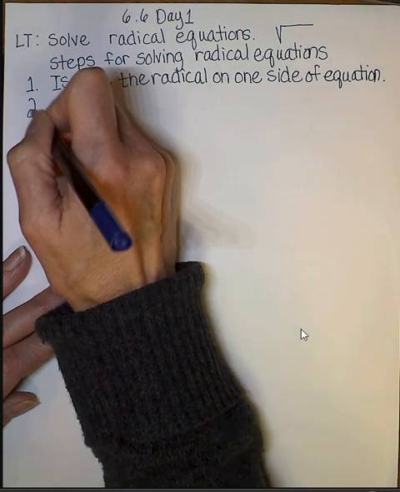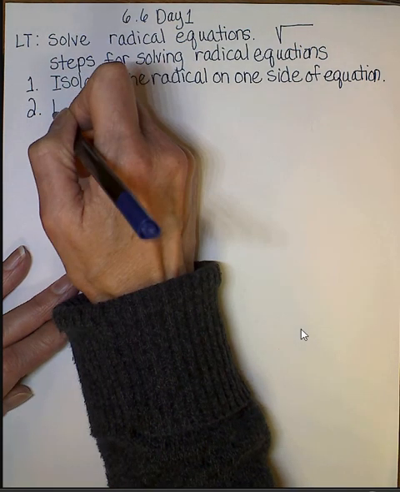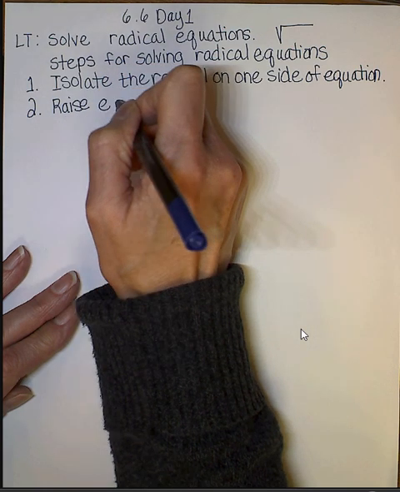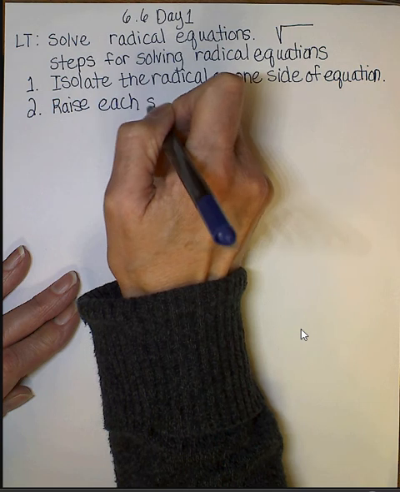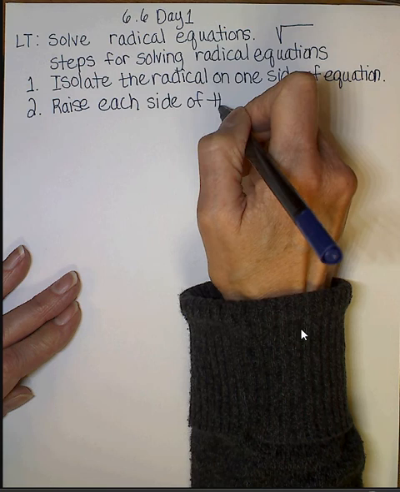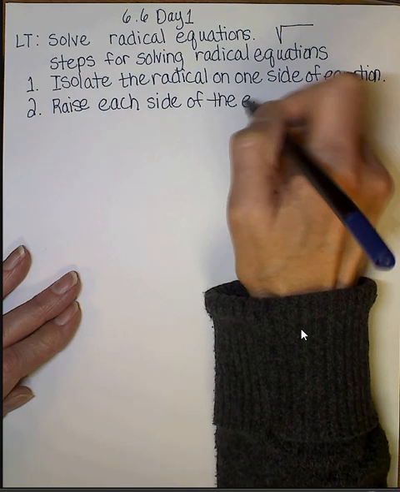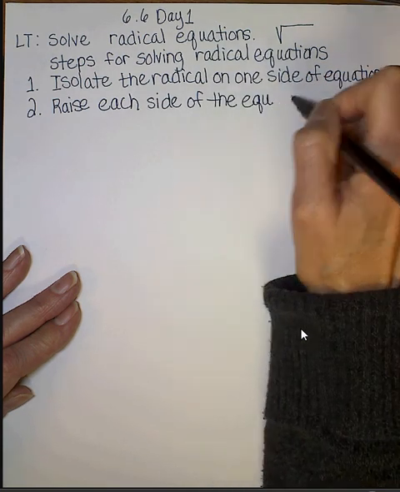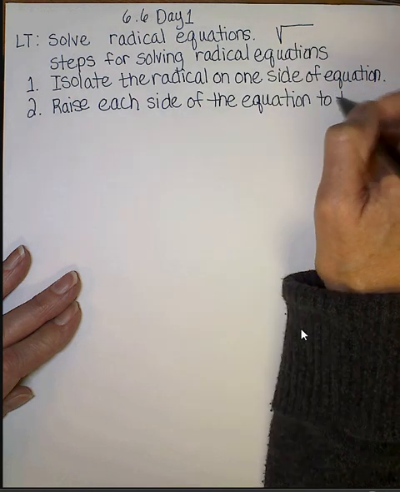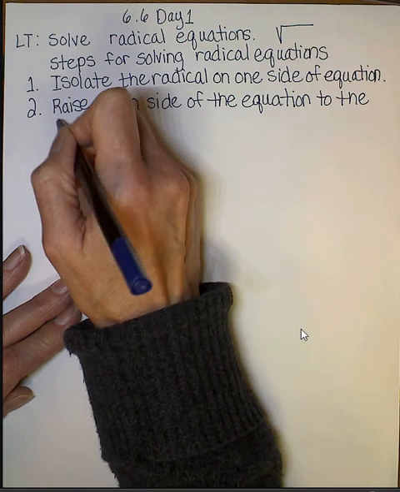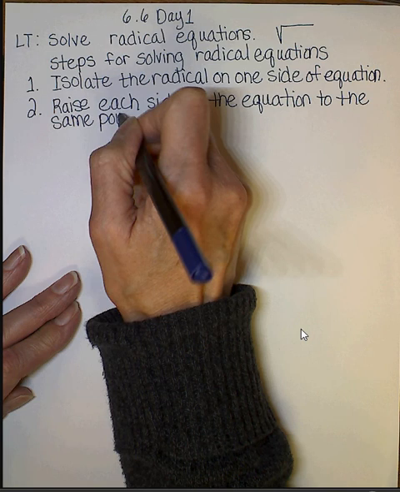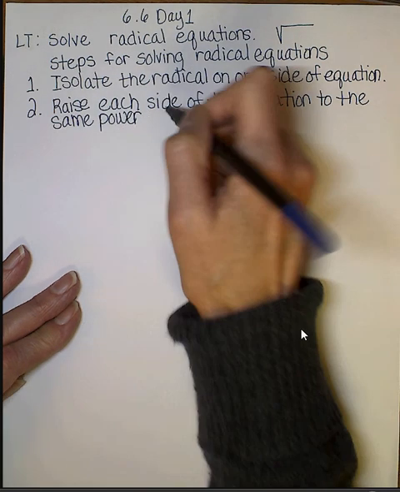Okay, our second step is we're going to raise each side of the equation to the same power to eliminate the radical.